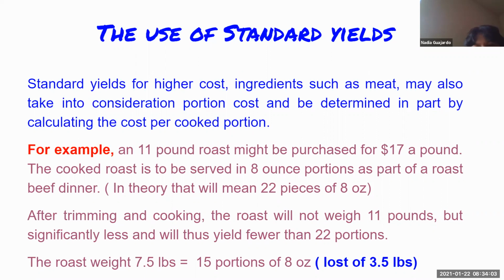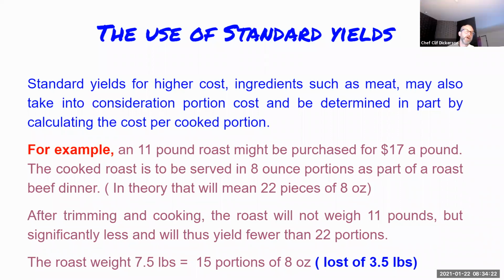After trimming and cooking, the roast will not weigh 11 pounds, but significantly less, and will thus yield fewer than 22 portions. The roast weighing 7.5 pounds equals 15 portions of 8 ounces, a loss of 3.5 pounds.